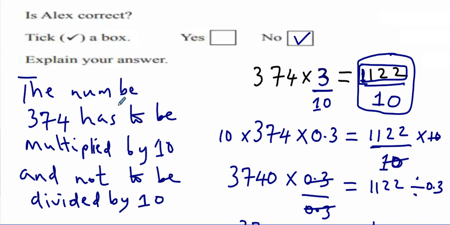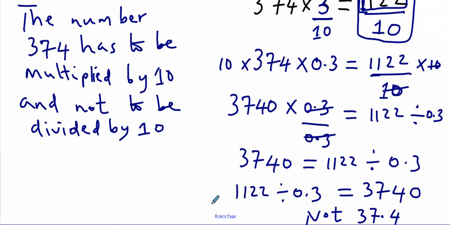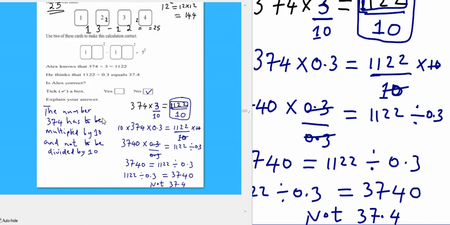Alright, so this is the explanation. So the number 374 has to be multiplied by 10 and not to be divided by 10. Okay, so let us move to the next question.